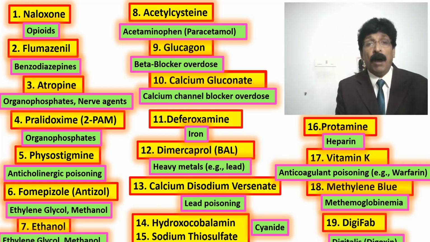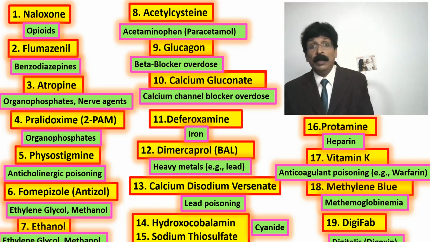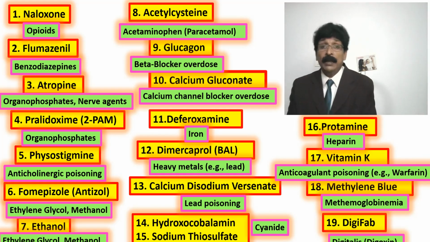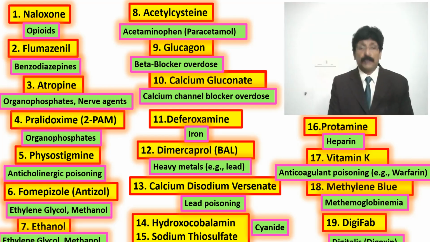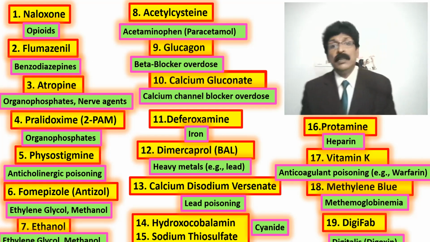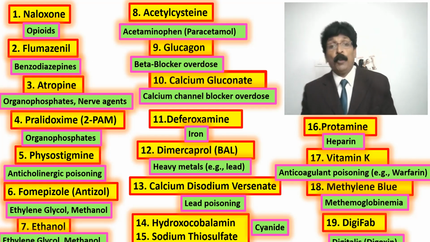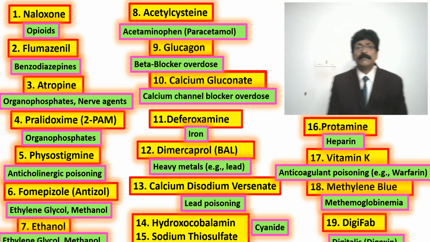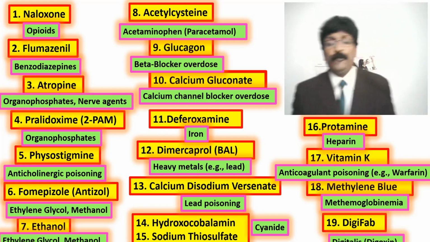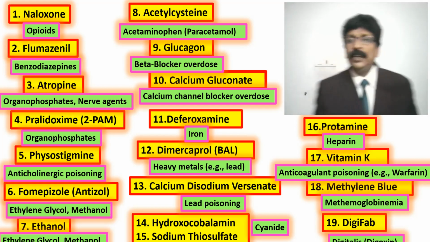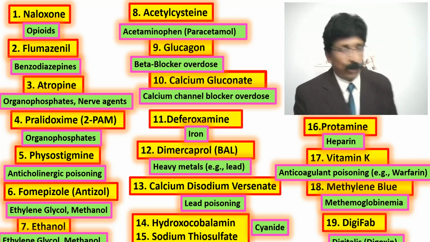Dimercaprol, BAL, it is called British anti-Lewisite. BAL is for heavy metals, lead, mercury. BAL can be used as an antidote for many purposes. Calcium disodium versenate, for lead poisoning. For cyanide, hydroxocobalamin and sodium thiosulfate can be used as an antidote. Protamine can be used for heparin poisoning.